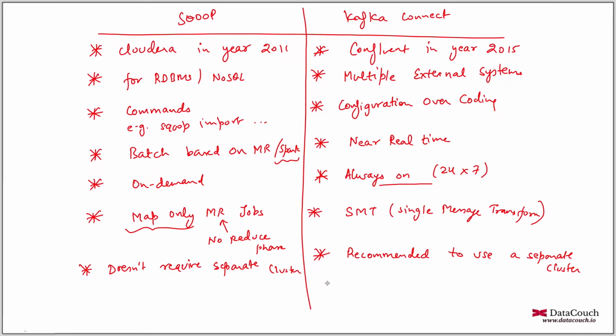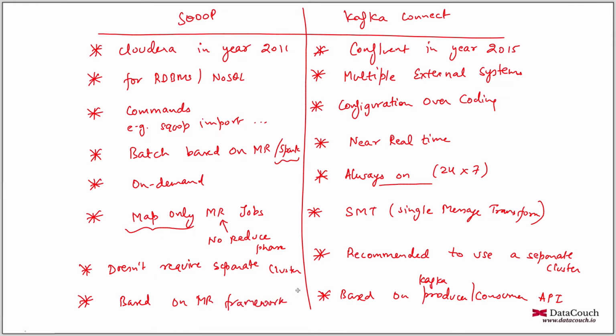Apart from that, Kafka Connect is based on the producer consumer API. Under the hood, it makes use of the Kafka producer consumer API. But Sqoop, as I mentioned, is based on the MR framework.